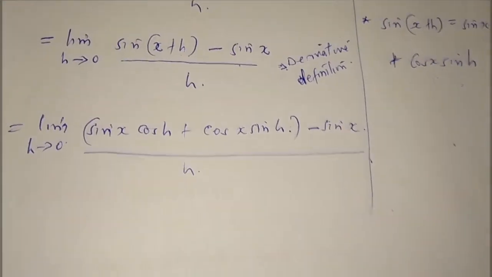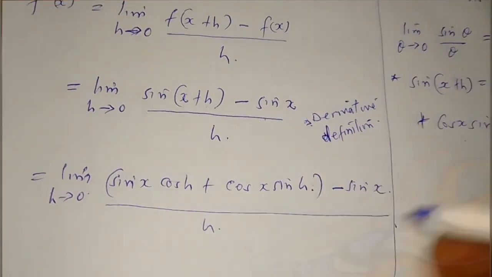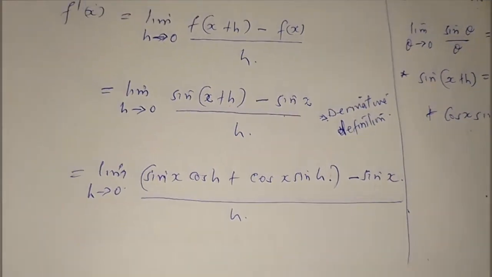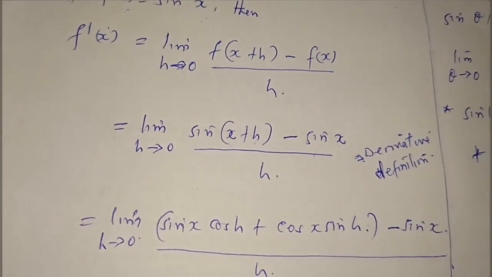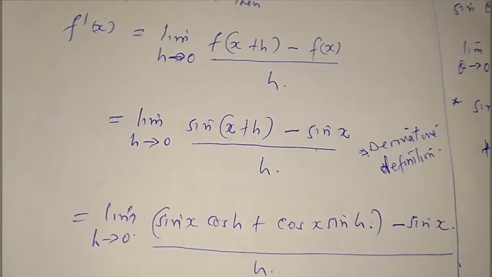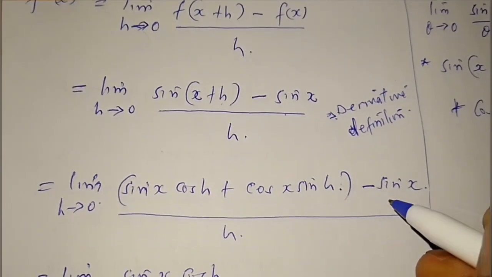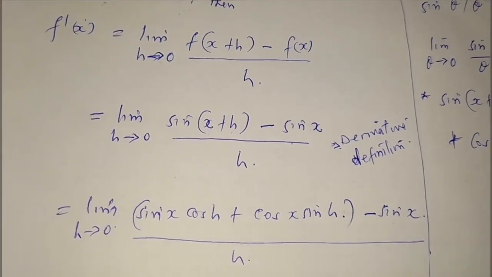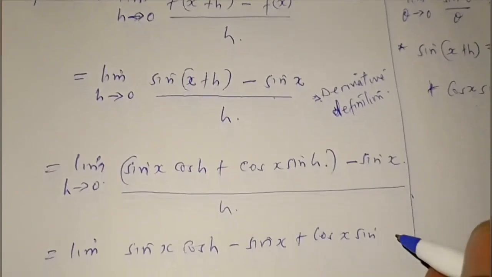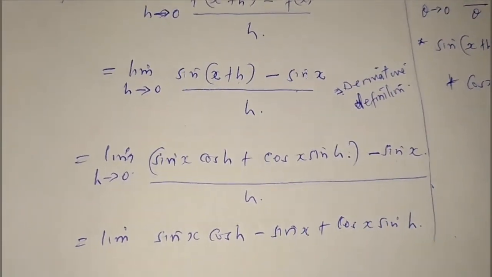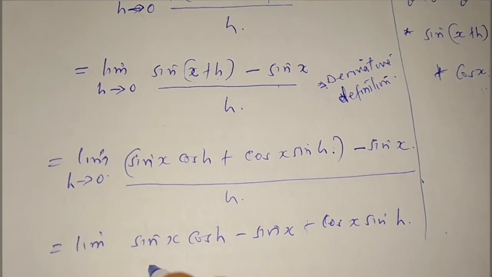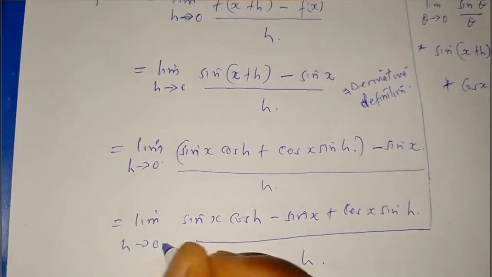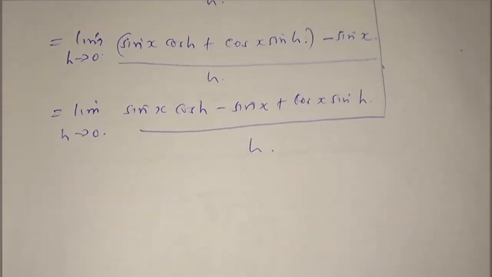So we can rearrange these so that you collect like terms, and you have the limit of sine x cos h minus sine x plus cos x sine h. Then the whole of this over h, and then h tends to 0.